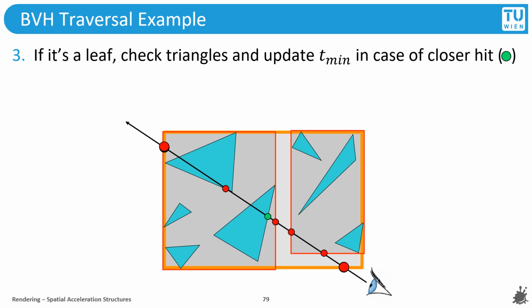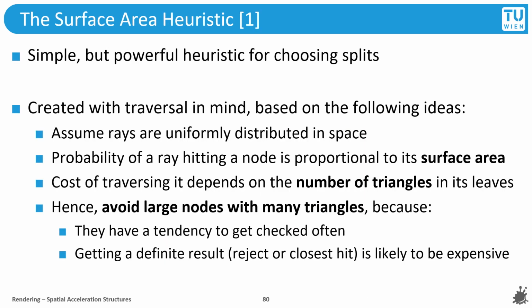So now that we know how BVH traversal works, we can look at a third option for generating BVHs that is more elaborate, which we already hinted at before, and it is based on the simple but powerful surface area heuristic. And the surface area heuristic, or SAH for short, is created with BVH traversal in mind and based on the following ideas.